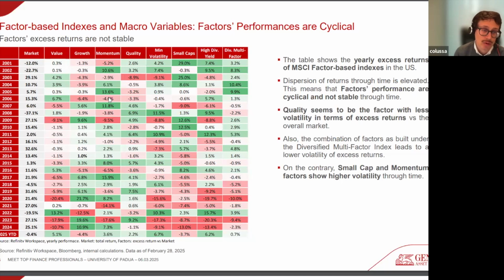So actually the return was 14.4, basically. Minus 10.7 doesn't mean that value stocks declined by 10.7%. That means that they returned 10.7% less versus the market. So the market returned 25.1, so 15.1%, 14.5, something like that, correct?